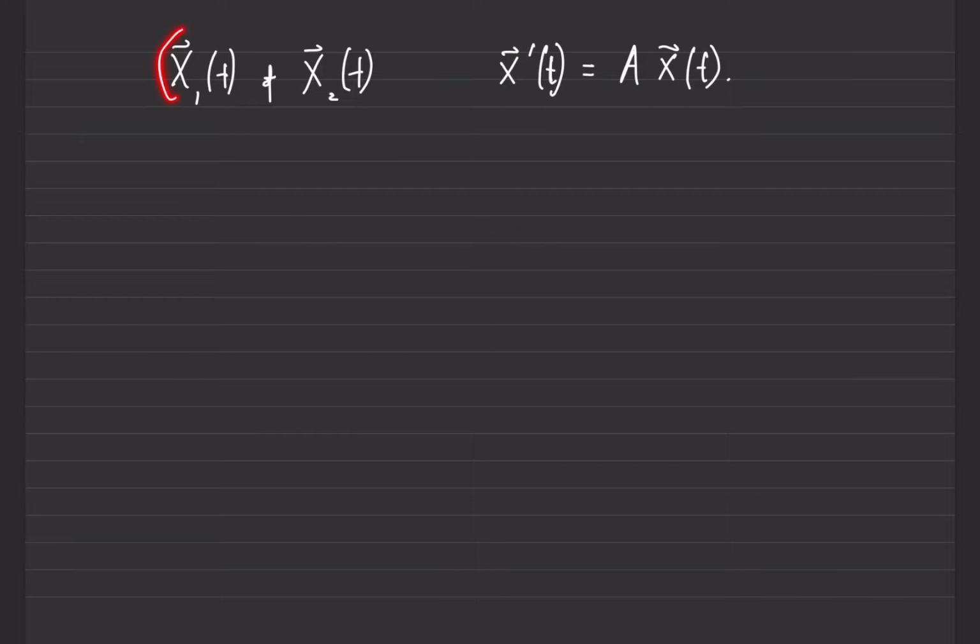So think of this as something which, when we substitute here and here, preserves the equality, and this function here also, when we substitute it in here and there, this equality is preserved.